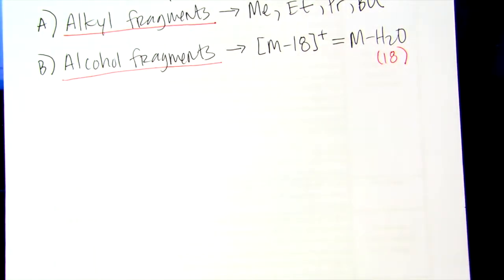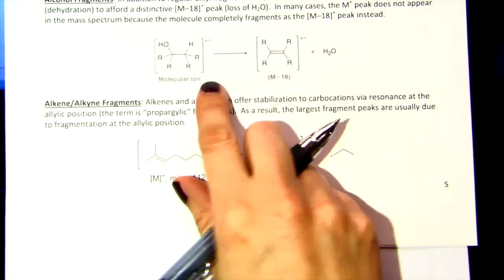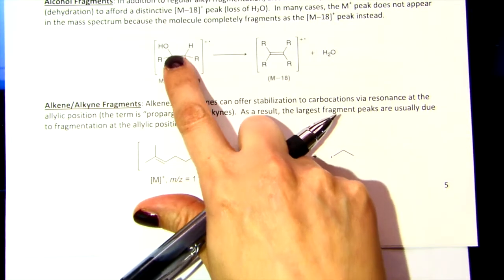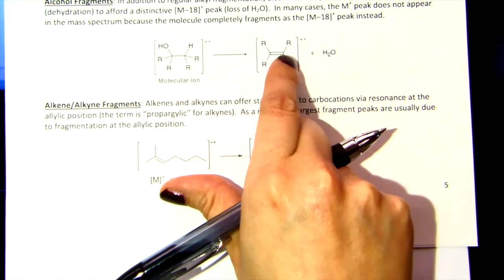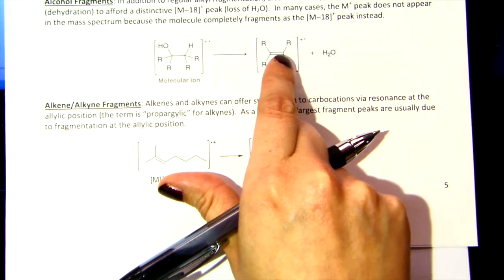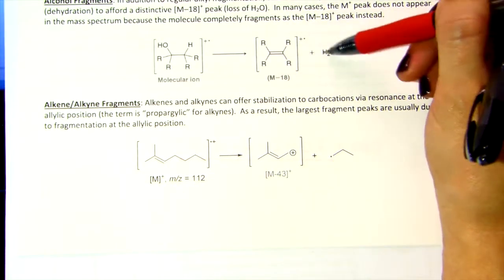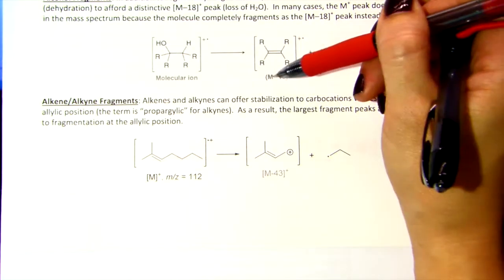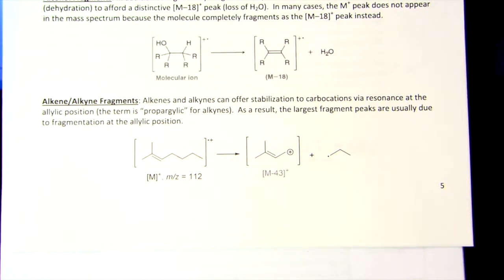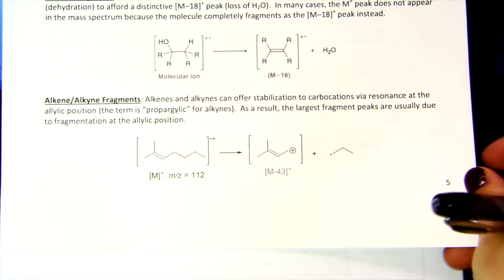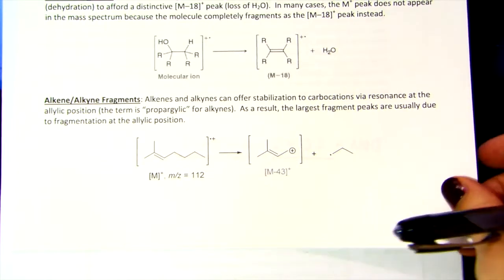Again, they're showing that to you here. I stole this from your book, where you have the alcohol doing an elimination reaction to yield water. That's where the water goes. It's 18, and then you're left with a fragment that has the same mass minus the mass of water. So that's a common fragmentation pattern for alcohols.